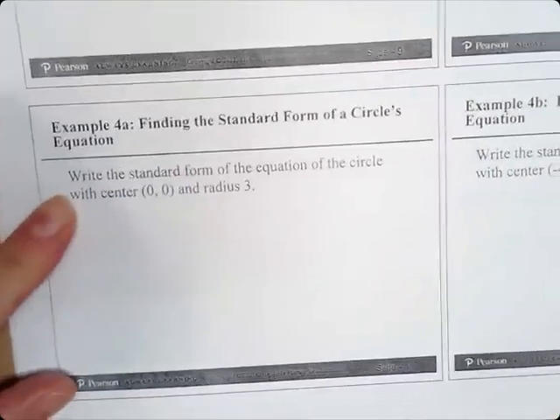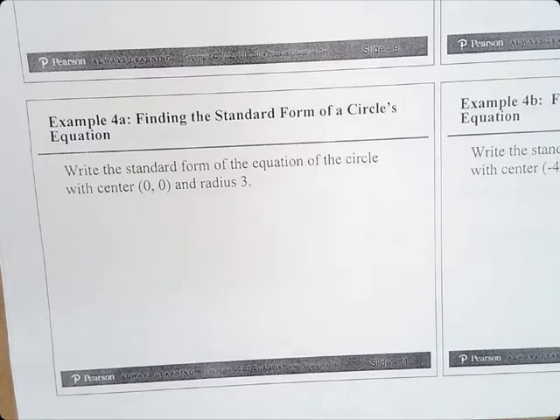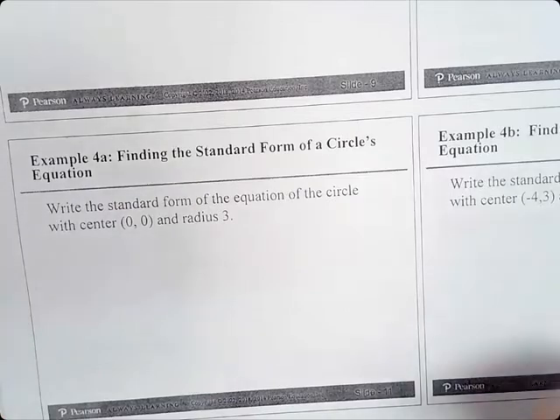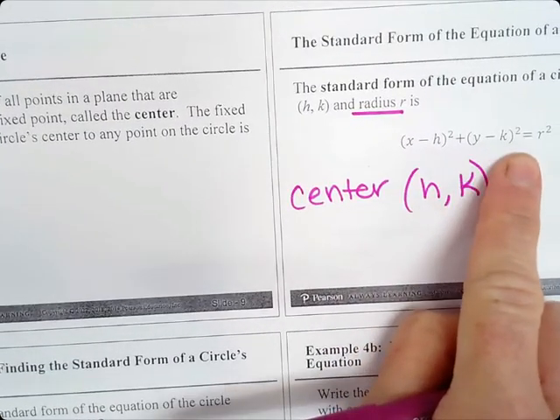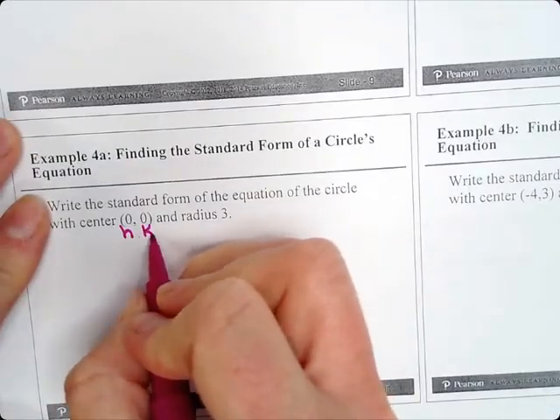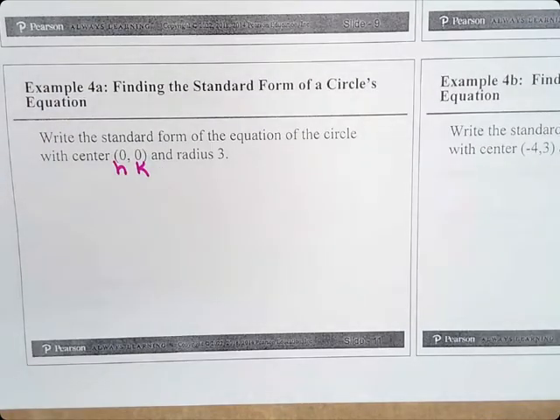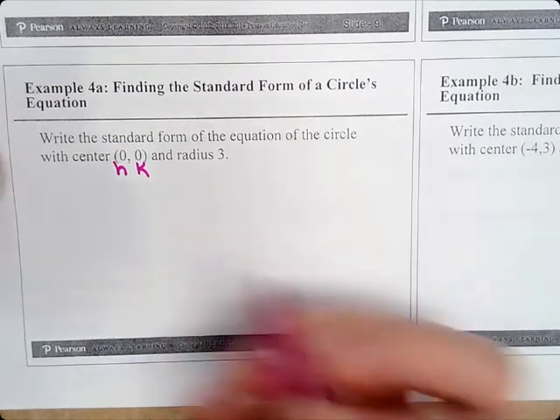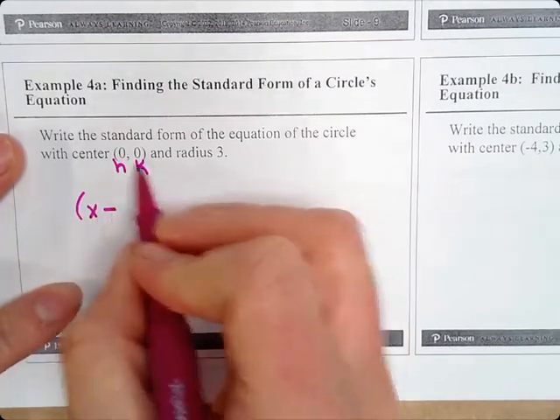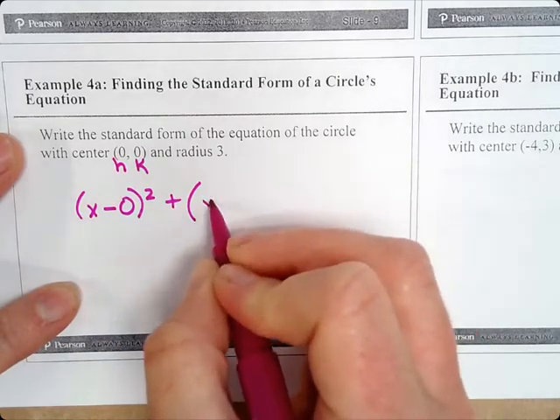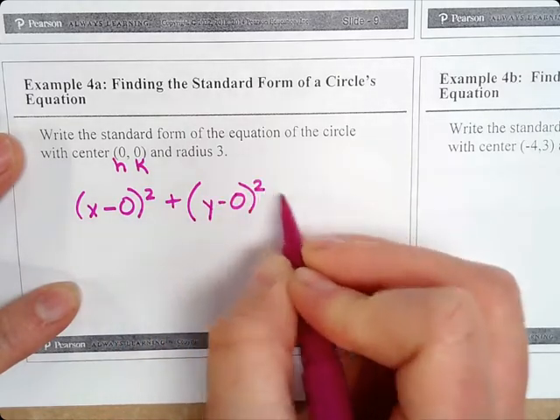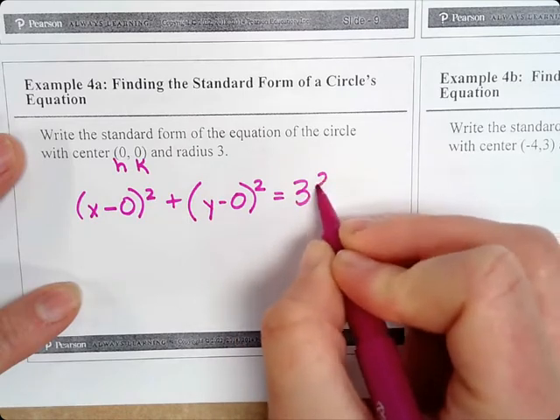So let's write the equation in standard form of an equation of the circle with center 0, 0 and radius of 3. So we're going to use this formula, (x minus h) squared plus (y minus k) squared equals r squared. So 0 is h and 0 is k. So it's centered about the origin. So it's going to be (x minus 0) squared plus (y minus 0) squared equals 3 squared.